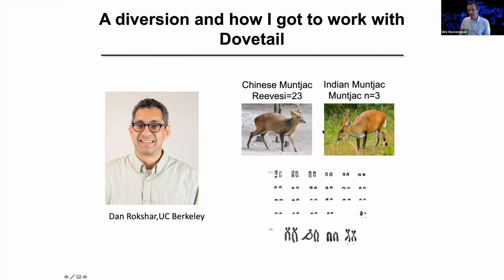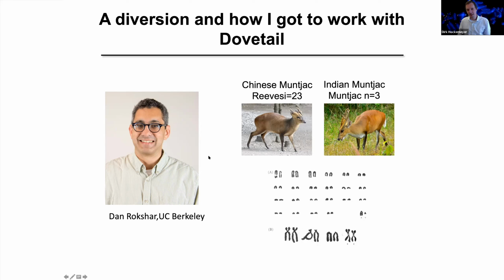Even more fascinating is that these can make an F1. They can have live offspring that, while not fertile itself, is viable, although they have such largely divergent chromosome numbers.